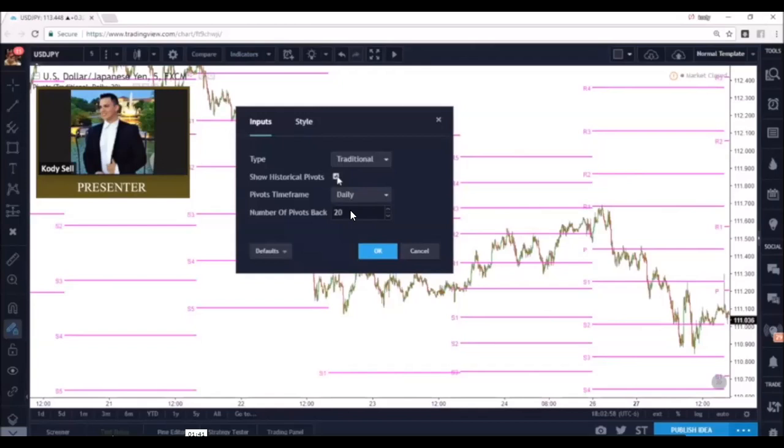You don't have to have 20. It depends on how far back you want the pivots to show on your TradingView. Some people do 7, you can do 10, and if you want to do 20, that's fine. I'll just take your recommendation.